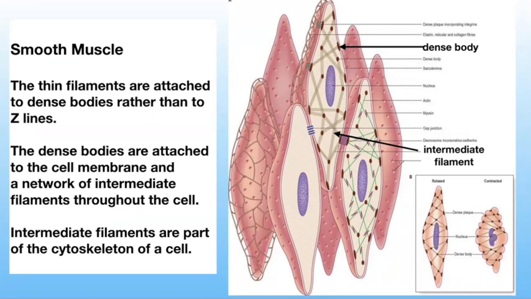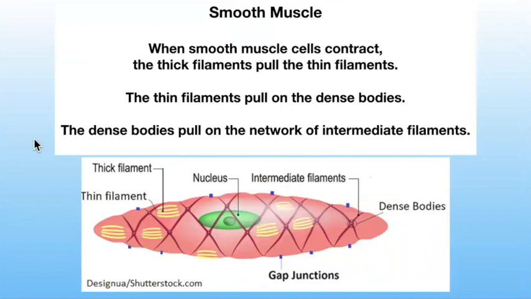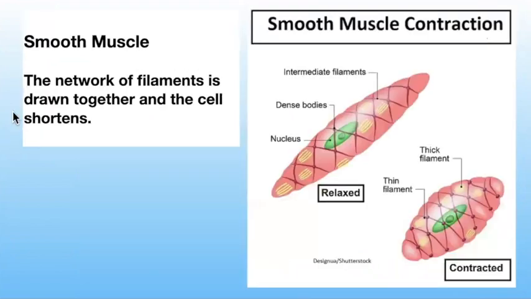Intermediate filaments are part of the cytoskeleton of the cell. When smooth muscle cells contract, the thick filaments pull on the thin filaments, which pull on the dense bodies, and the dense bodies pull on the network of intermediate filaments. The network of intermediate filaments is drawn together and the cell shortens.